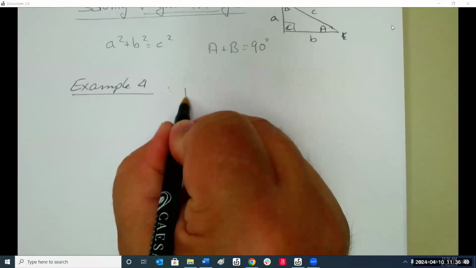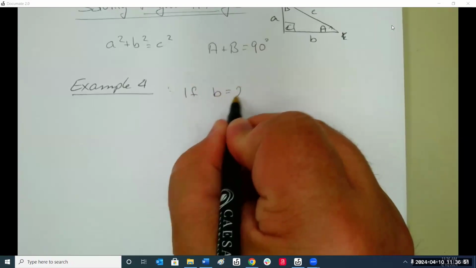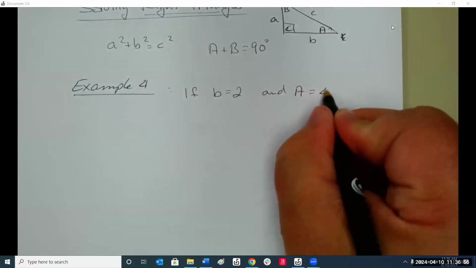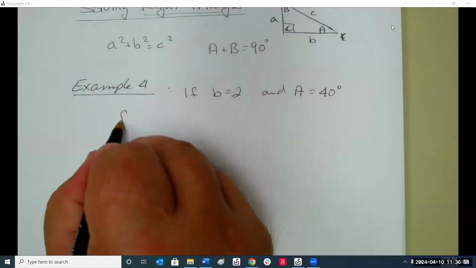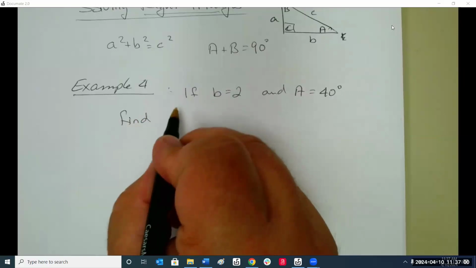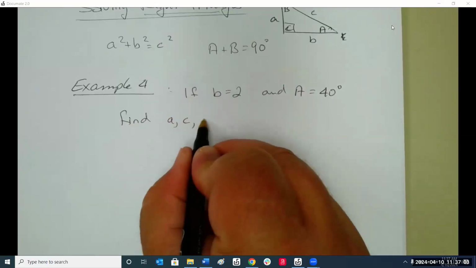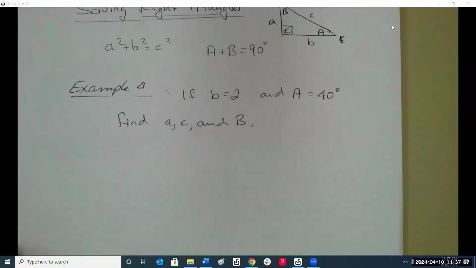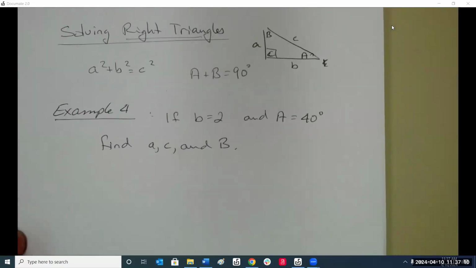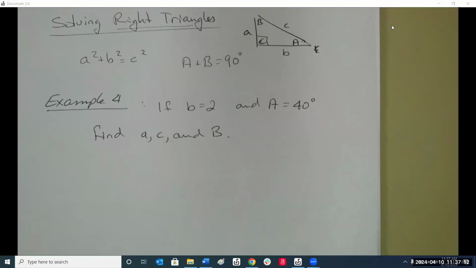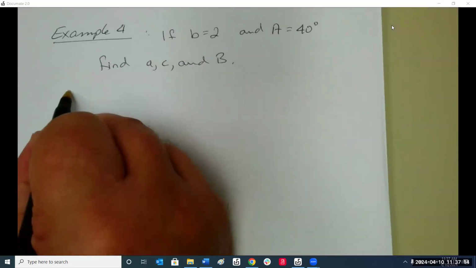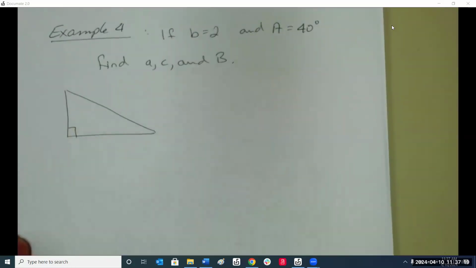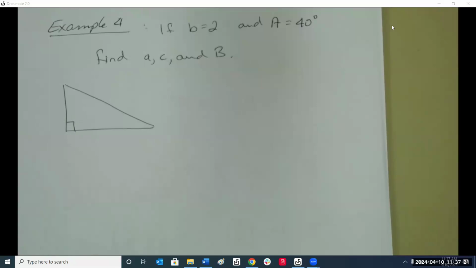So if B equals 2 and A equals 40, find A, C, and B. Because if you think about it, if we have a right triangle, how many unknowns can we have here?